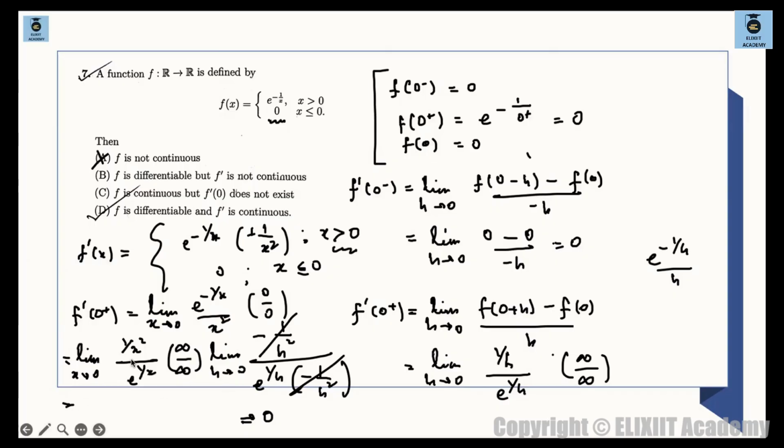So by L'Hopital's rule, as limit x tending to 0, differentiate 1/x square, this will become minus 2 upon x cube, divided by e raised to the power of 1/x into differentiation of 1/x, which is minus 1 upon x square. Okay, so that is done.